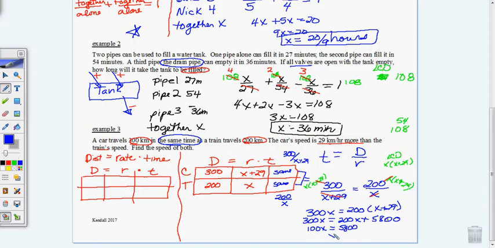So x would equal 58. But stop! You're not done. That 58 is your x value. Boom! You know what the rate of the train is.